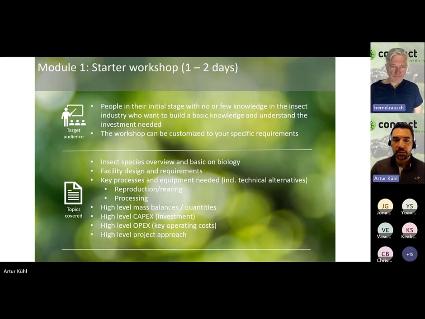Well, that strongly depends. We have been speaking to many people, many companies, partners in the industry, in order to define products, services, whatever. And we try to work on several modules that could apply to you. The first one would be a starter workshop, meant for interested people and organizations that have not been in touch yet with insects, to cover the main aspects.